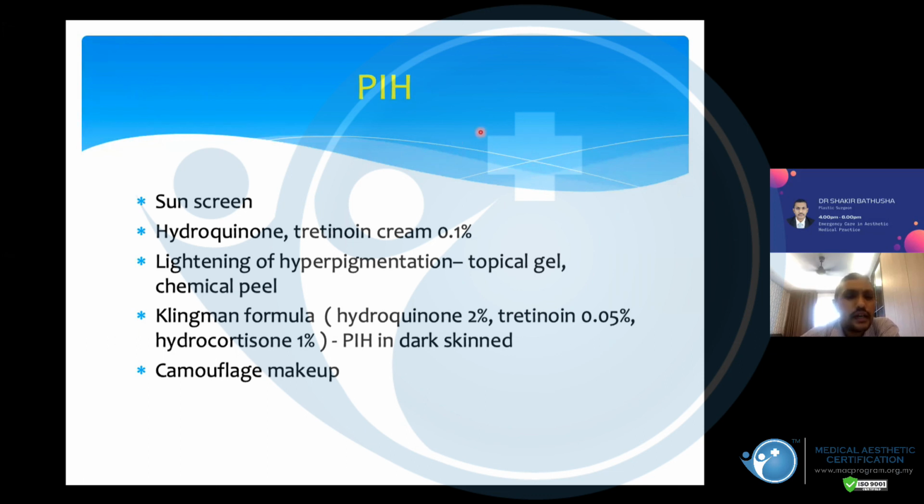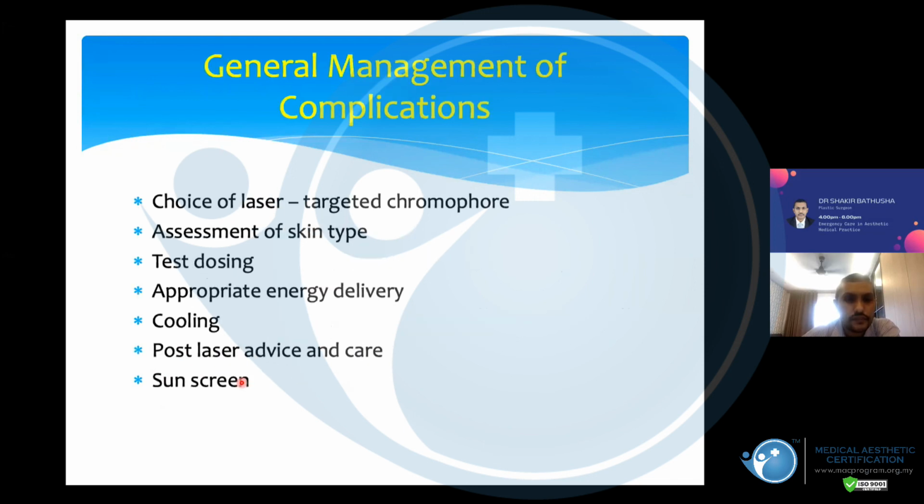Finally, the least damaging is camouflaging makeup. You only aesthetically camouflage those areas of hyperpigmentation, but once the patient is off her makeup, you can still see the effect of PIH.